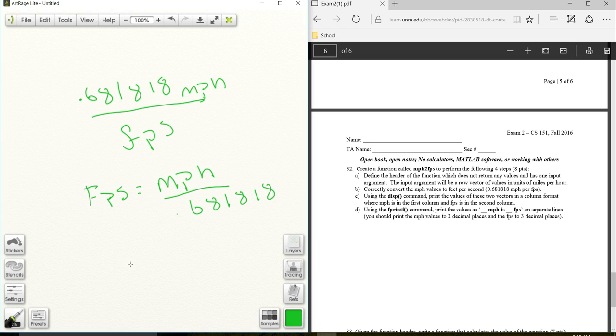I have 0.681818 mph, and it's FPS is equal to 1 FPS, and I multiplied this by whatever mph was coming in. That means this mph and this mph is going to cancel, and you just get left with FPS.